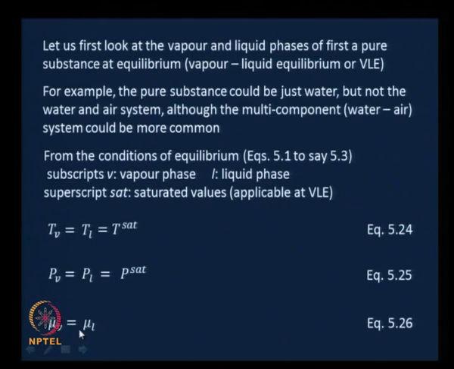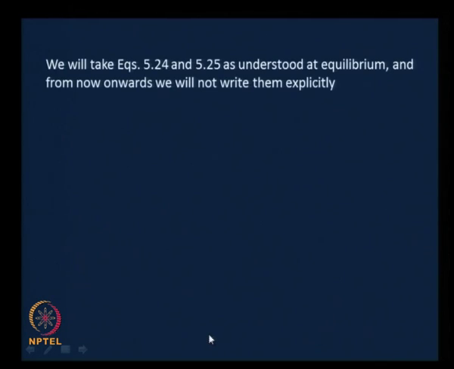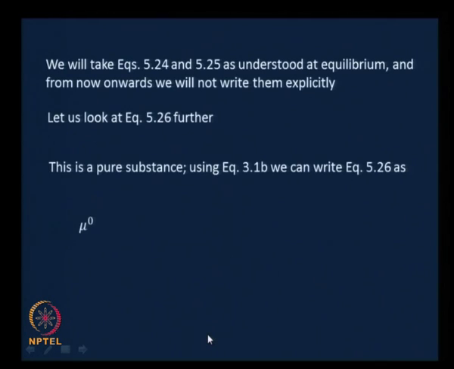Mu V equals mu L is what arises as a part of writing the chemical equilibrium in the liquid-vapor equilibrium case. If it is a pure substance, we said we could write mu V as mu naught plus RT ln Fv, and mu L as mu naught plus RT ln Fl.